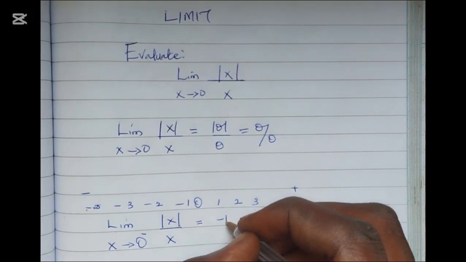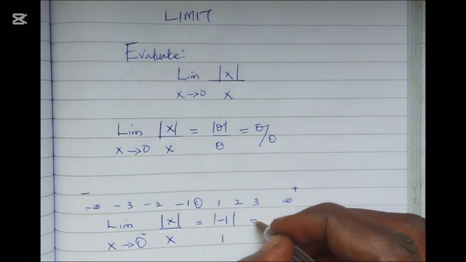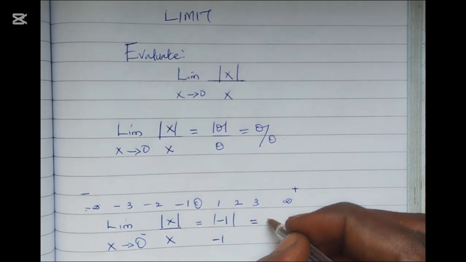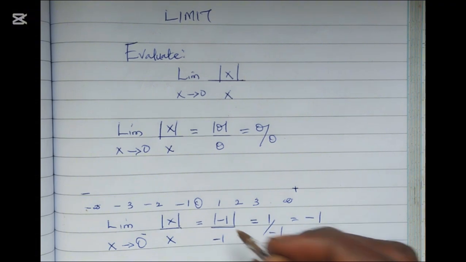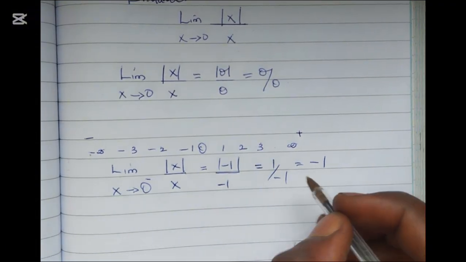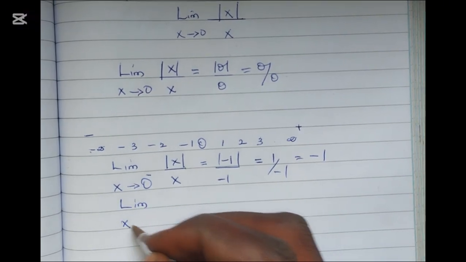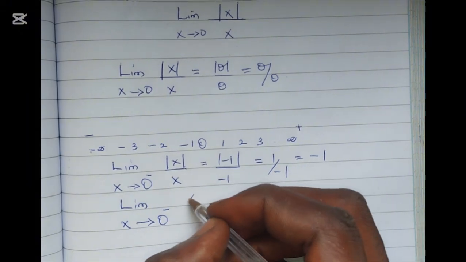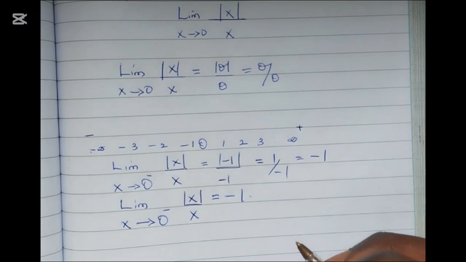So we have the absolute value of negative 1, which is 1, all over negative 1, which is negative 1. So when we pick our value to the left of 0, the limit gave us negative 1. That is, the limit as x goes to 0 from the left hand side of the absolute value of x all over x is equal to negative 1.